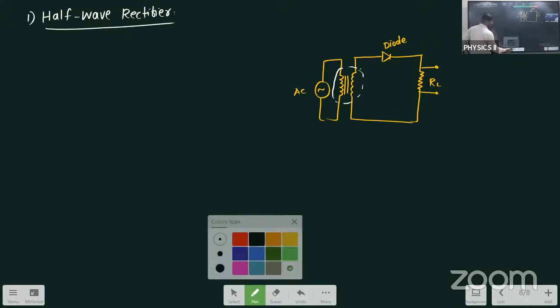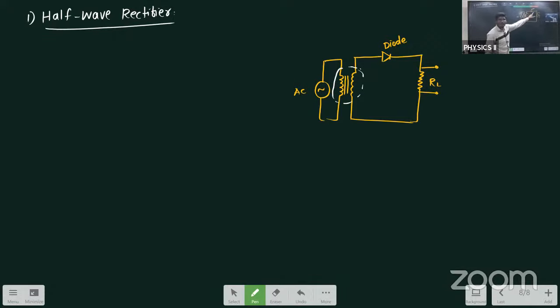So what is the first thing you are supposed to write by looking at the diagram? Only one diode is used in a half wave rectifier. What is the first point you are supposed to write?